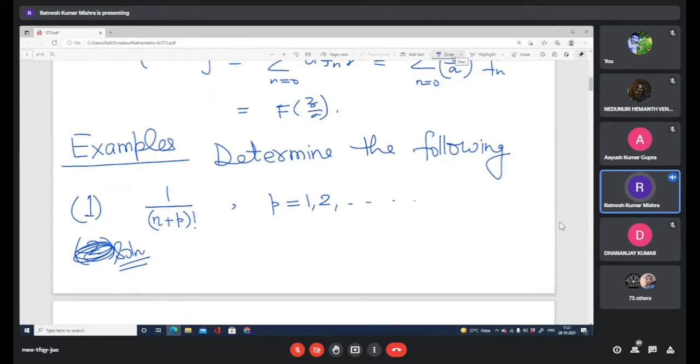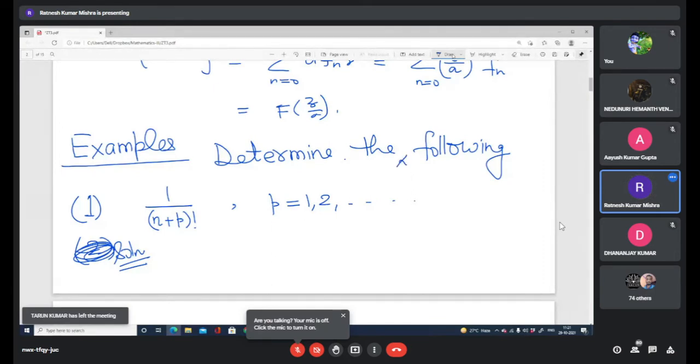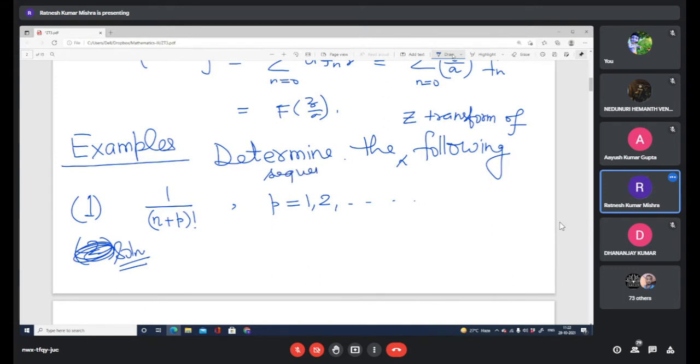Determine the z transform of the following sequence. Okay. So how can you find the z transform of this sequence? What is this, n plus p factorial?